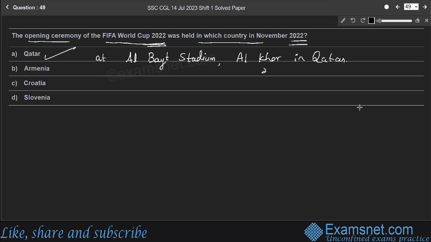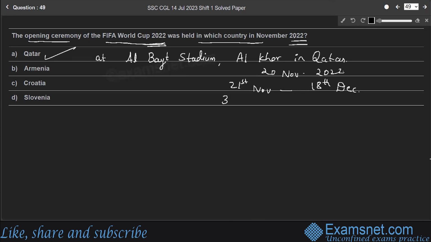On 20th November 2022. Right? The first match was held between Qatar and Ecuador. The World Cup was from 21st November 2022 to 18th December 2022. 32 teams competed across 64 matches in the 22nd edition of the World Cup.